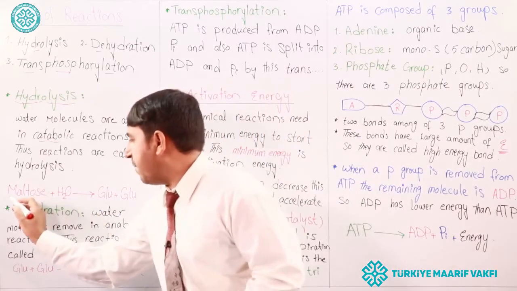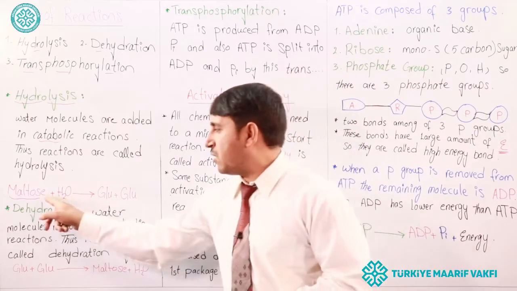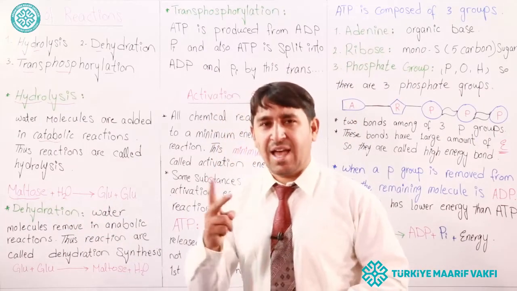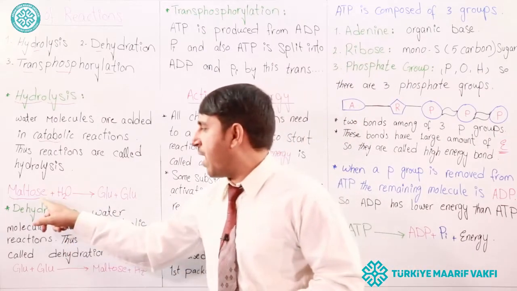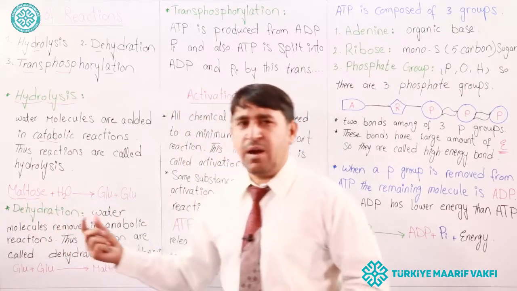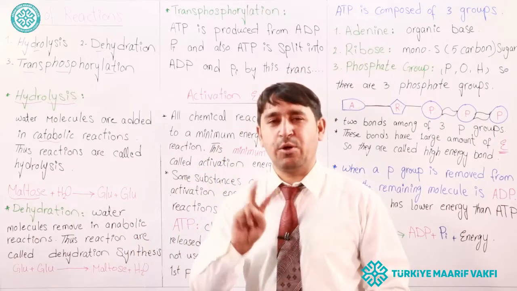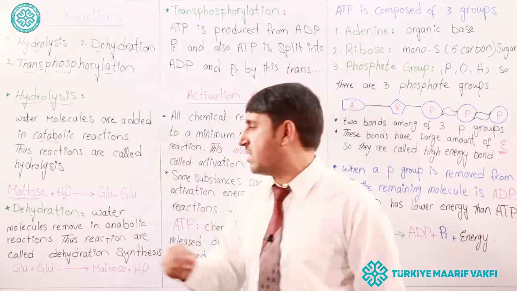We have an example. For example, maltose. What is maltose? Maltose is a type of carbohydrate, a disaccharide. The maltose is made up from two glucose molecules, or two monomers. Those are glucoses.